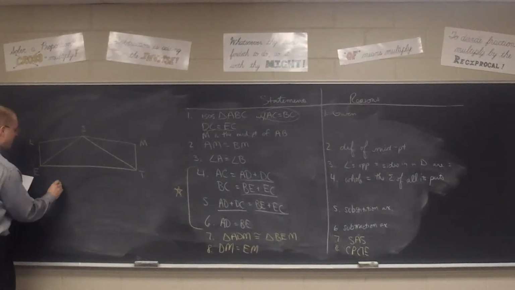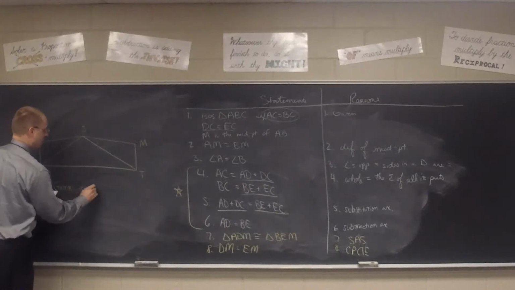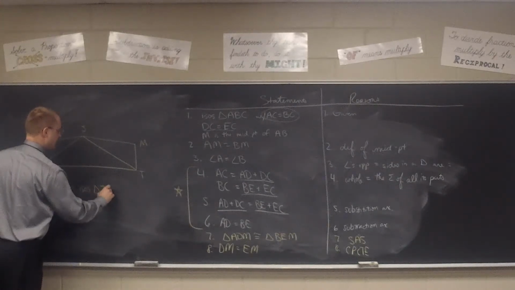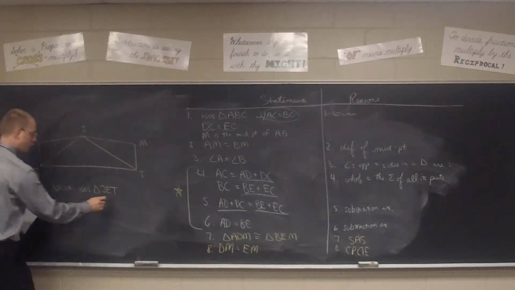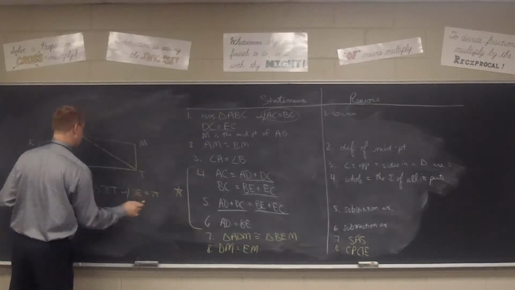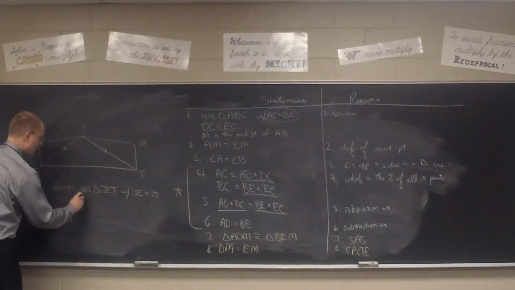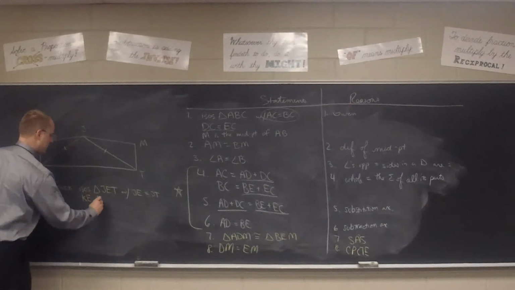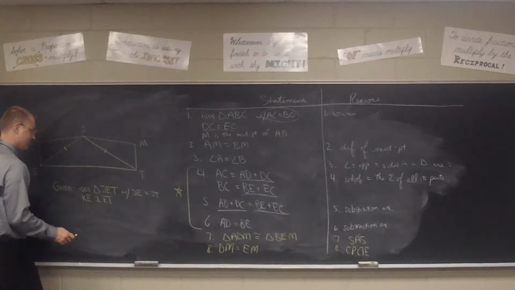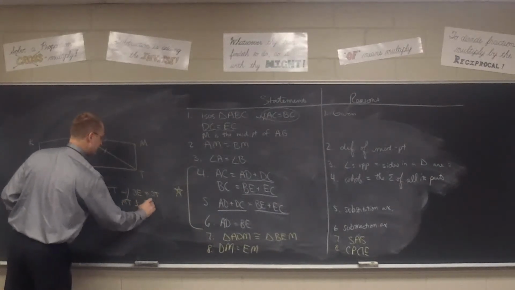So here's what we are given. We're given an isosceles triangle, JET, with JE equal to JT. We know that JK is perpendicular to ET, and we know that JM is perpendicular to ET.